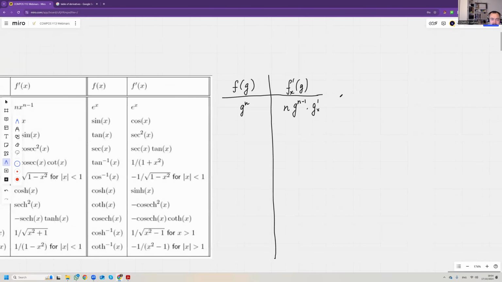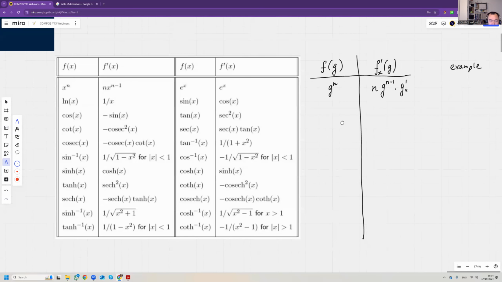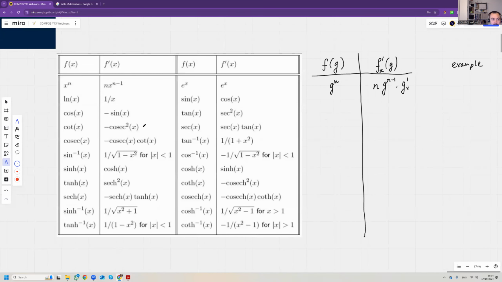So let me do an example. Well, you all know how to use the chain rule. My point is that you are actually doing that here as well. You just don't necessarily recognize it, because this is x to the power n.